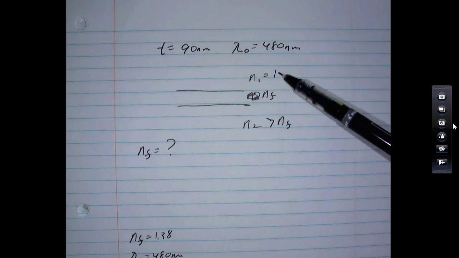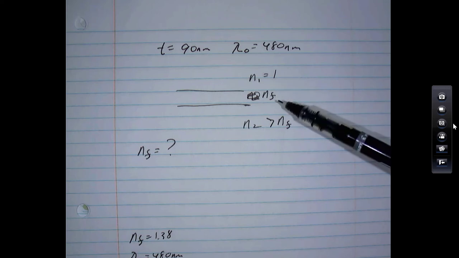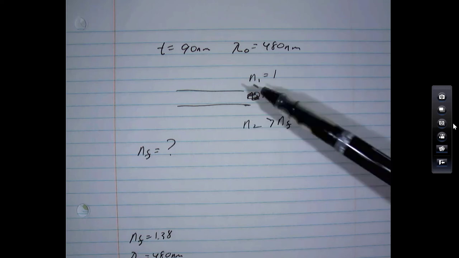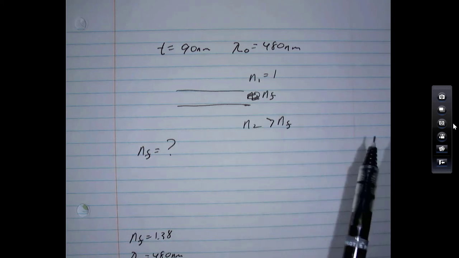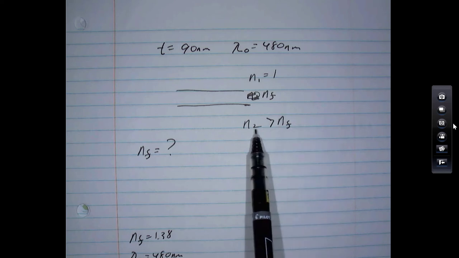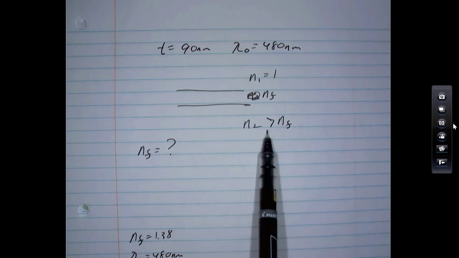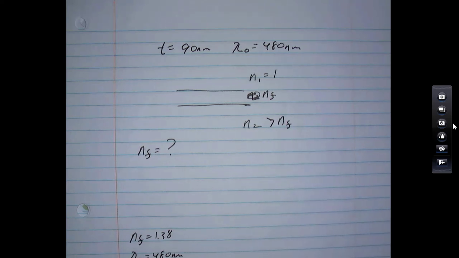So I'm assuming this is just air. So it's kind of similar to what we had before. Here's the film on top of a substance, the substance being the lens, and they're telling us that the index of refraction of the lens down here is just bigger than the index of refraction of the film.